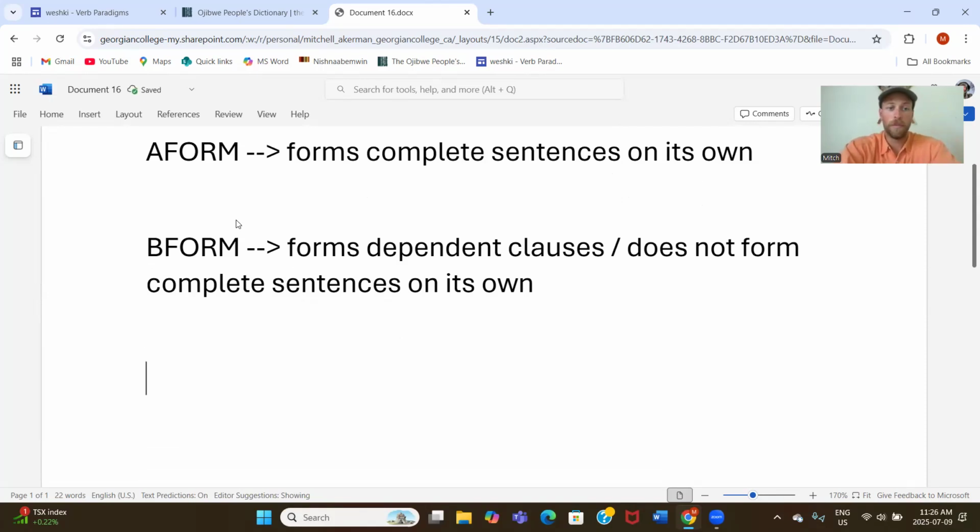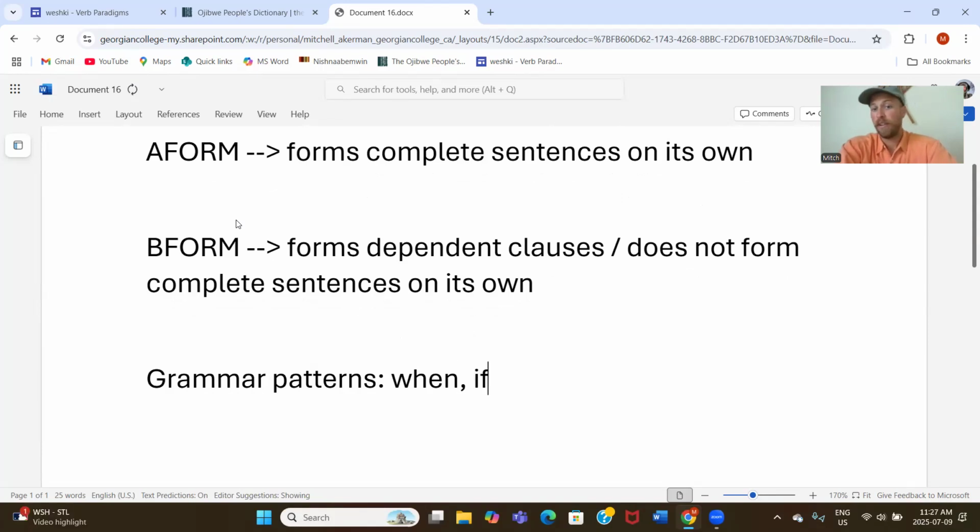And when we're looking at B form, the grammar patterns that you're going to be looking for are like when I'm hungry, or, if you go to the store, or until it stops raining, or during the meeting, or while I'm in town, I'm going to pick this up.